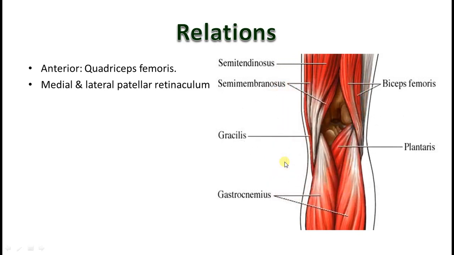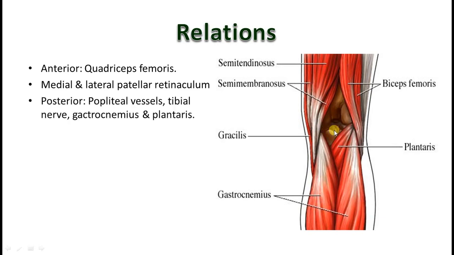Next, coming to the posterior relations, posteriorly you can see the popliteal fossa. So the contents and some of the boundaries and walls of the popliteal fossa mainly form the posterior relations of the joint, because you know that the floor of the popliteal fossa is formed by the capsule of the knee joint, the popliteal surface of the femur, and the fascia covering the popliteus muscle.